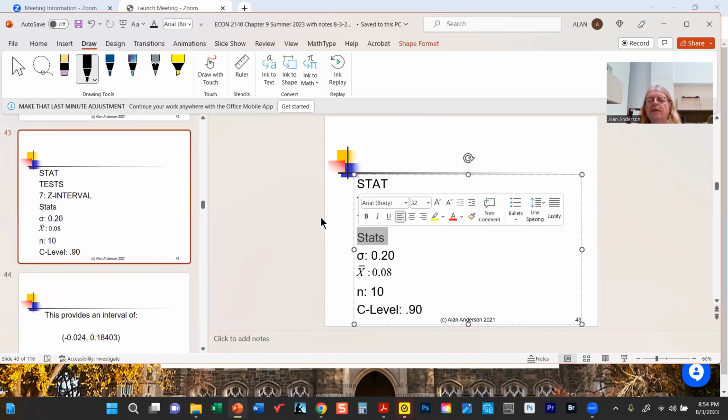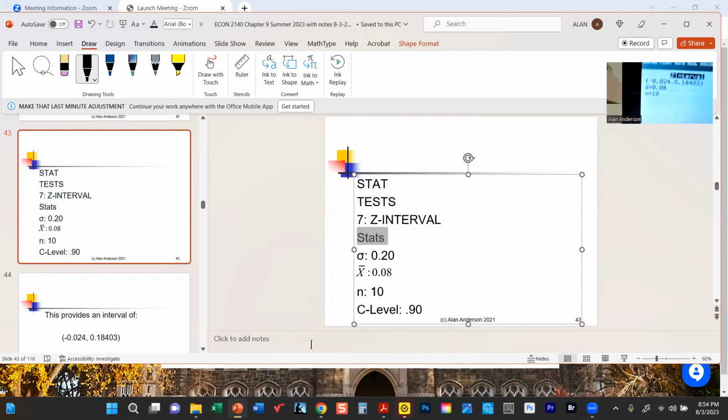Stats is where you put the summary statistics, meaning the standard deviation, the sample mean, the sample size, and C level, of course, stands for confidence level. So you put those in, and you go down to the bottom, and you hit the calculate button, and you'll see in the window, backwards, at the very top, there's a range of values, and this is what it looks like.